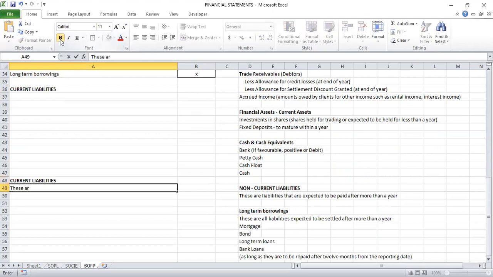These are debts that are expected to be settled within a year.